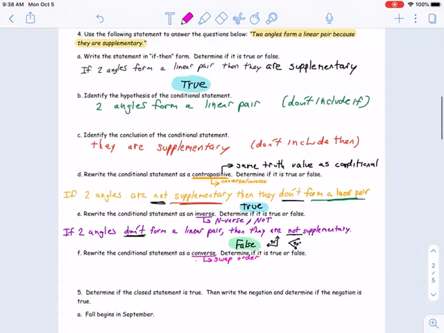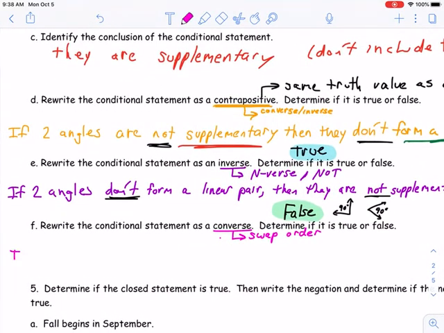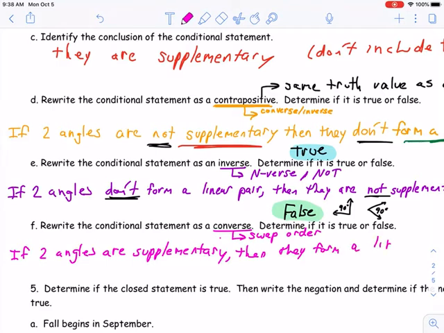So as the original conditional statement, it's going to be if two angles are supplementary, then they form a linear pair.